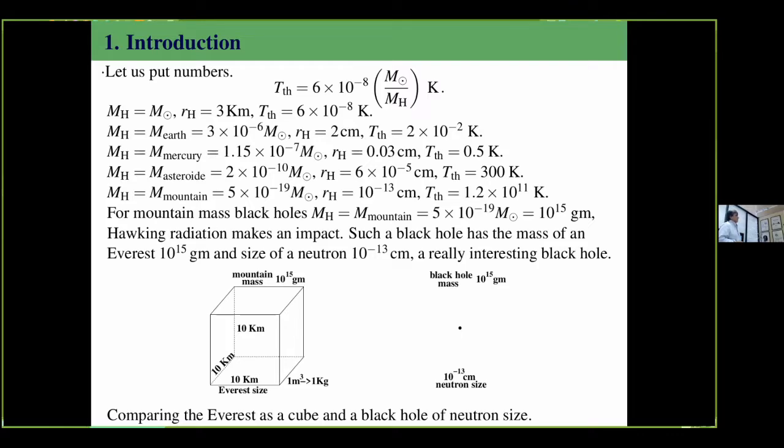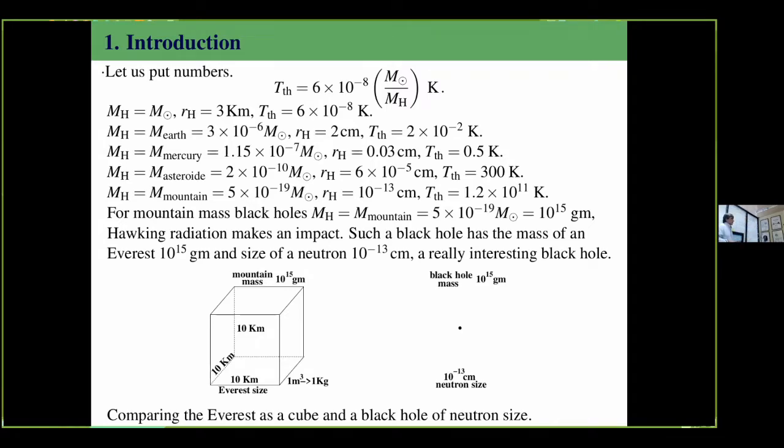Well, you do it for Mercury, and you get the temperature of the corresponding black hole. It's half a Kelvin. Can do it for an asteroid. A black hole with the mass of an asteroid has a radius of 6 times 10 to the minus 5 centimeters. Then you get already some temperature. So if you put a black hole here, you feel hot because it's 27 degrees Celsius already.